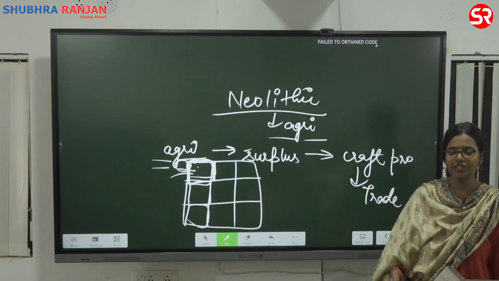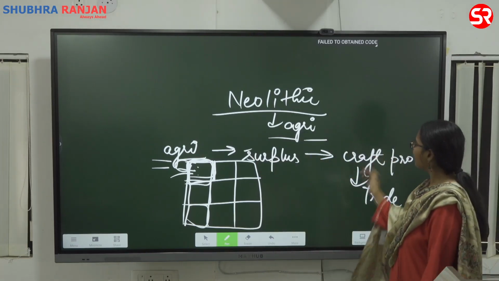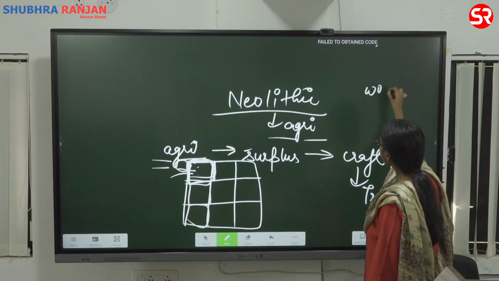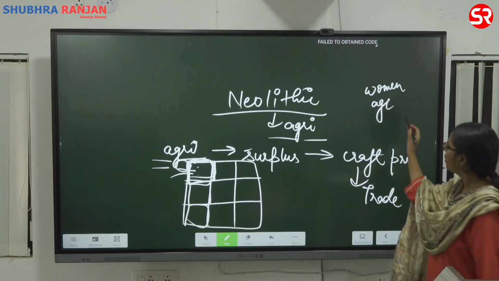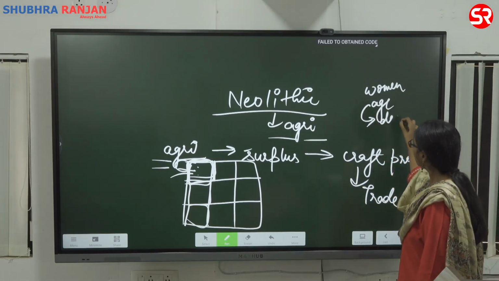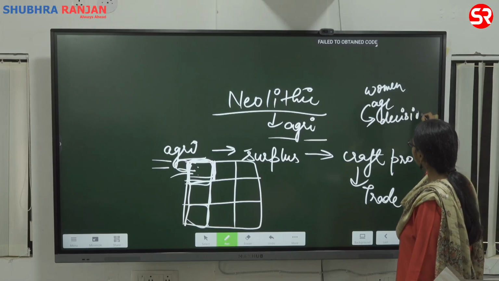This is another change which is going to come. क्या क्या change हुआ? In the status of women, discrimination and on the basis of age. What is it leading to? Decision making in family.